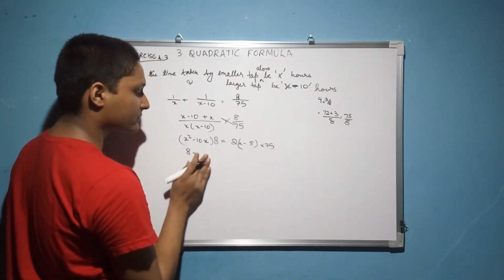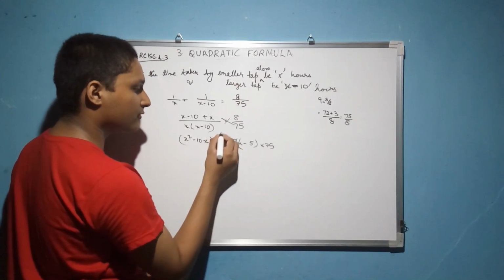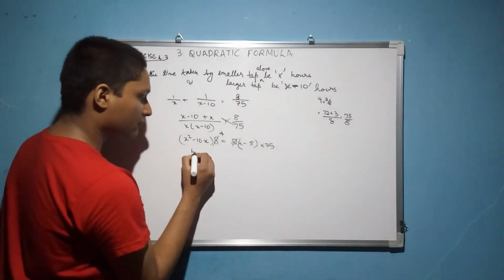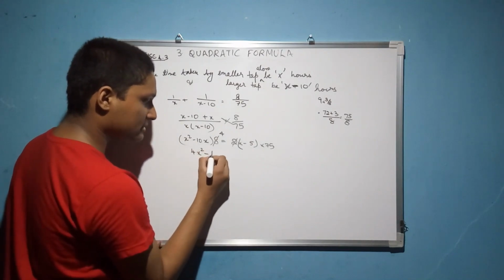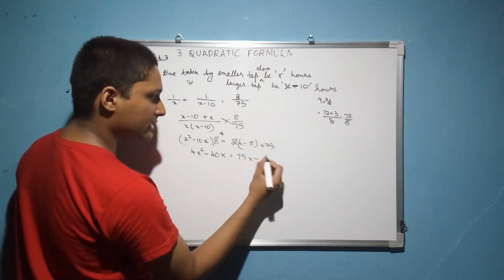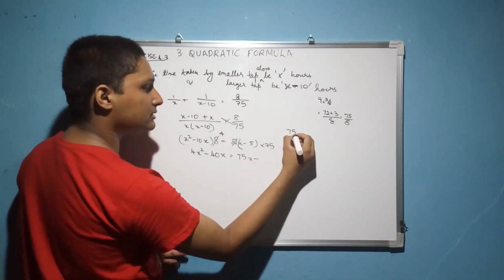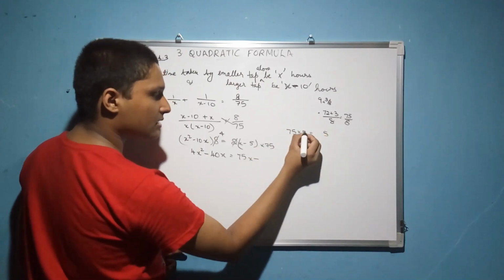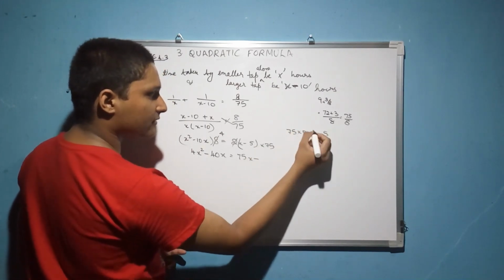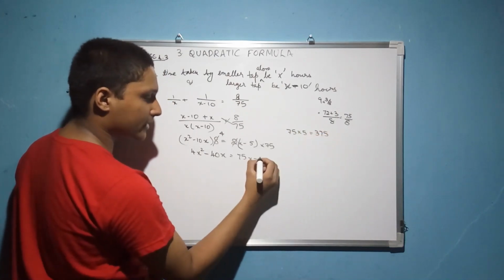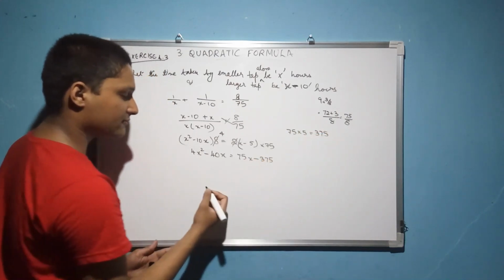For that I can cancel off a 2 from here to make it simpler. So it forms 4x square minus 40x is equal to 75x minus 75 into 5. How much is 75 into 5? It is going to be 375.